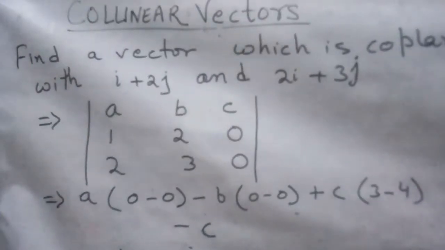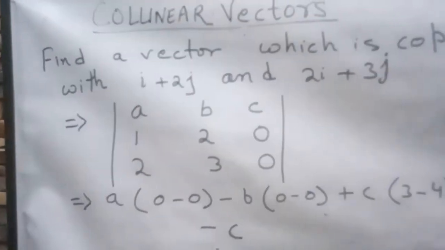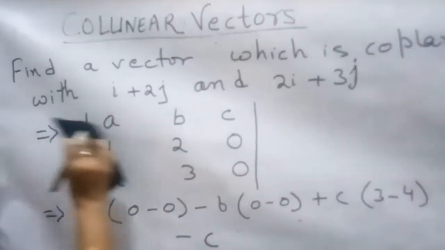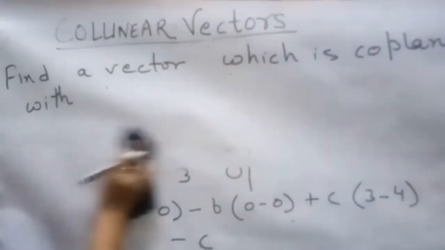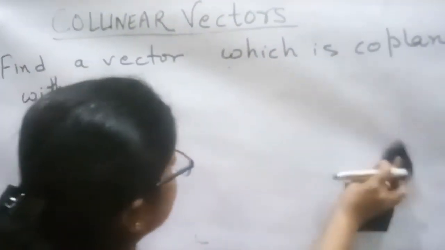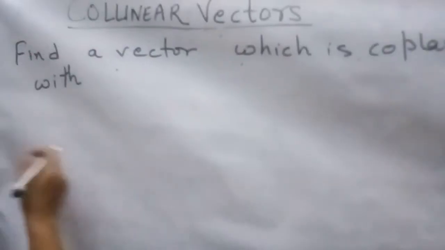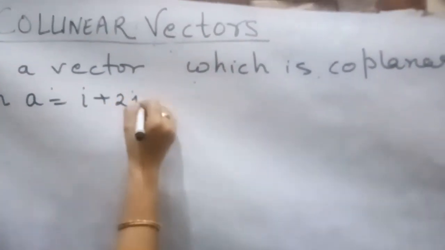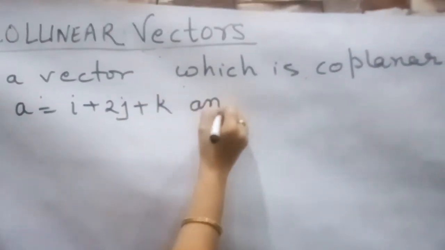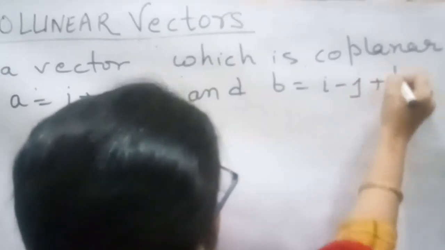Let me take one more question which has 3D conditions. That was for 2D conditions, where we have components of only the x and y axes. For example, we have a vector A equal to i plus 2j plus k and B equal to i minus j plus k.